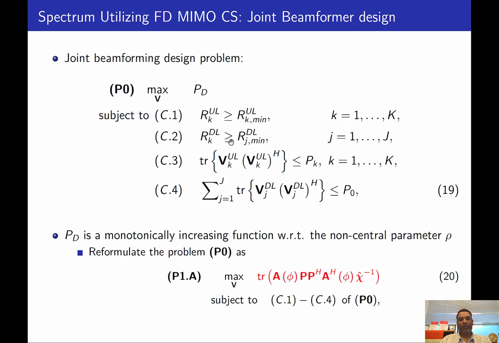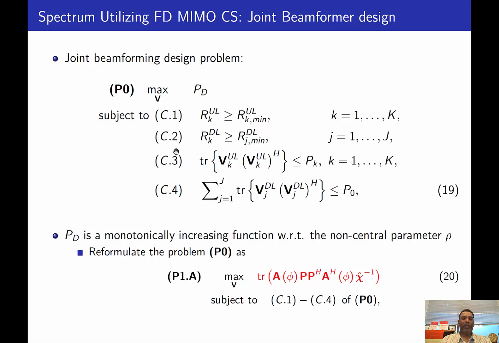The downlink rate is also guaranteed by this predefined number here. The precoder transmit power constraint for the uplink user is given by this expression. There are K users here, and the downlink transmit power constraint at the base station is given by this. So these are the power constraints, these are the rate constraints for uplink and downlink, and we wanted to maximize the probability of detection.